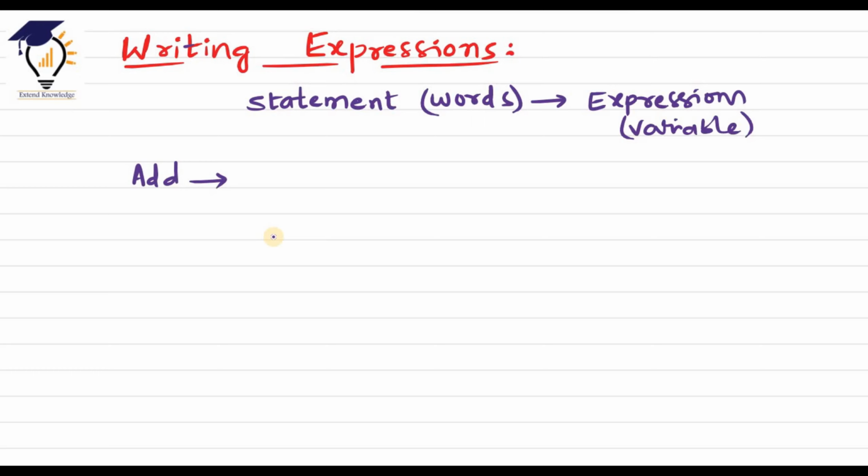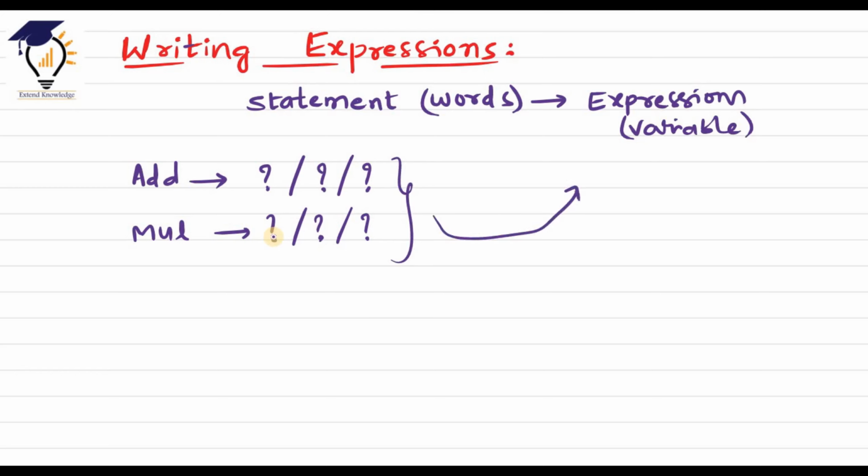Other than the word addition, there are a few phrases we use instead of add. For multiplication too, there are a few phrases we use instead of the word multiplication. Those phrases are very important to know, so that we can tell exactly what symbol to put between the two terms when converting the phrase into an expression.